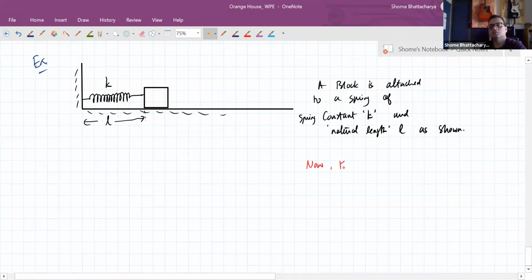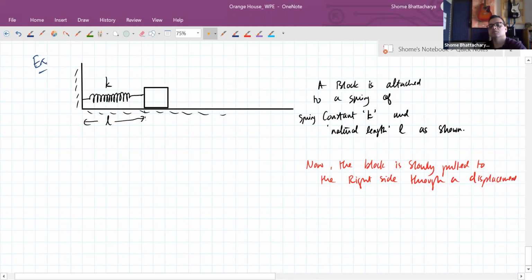Now the block is slowly pulled to the right side through a displacement of x naught. Okay.